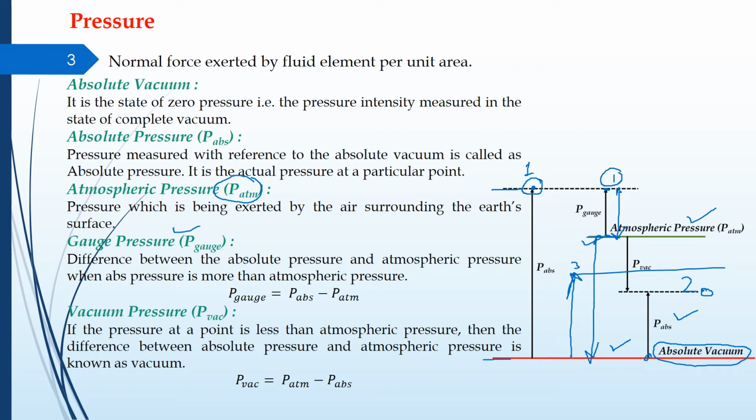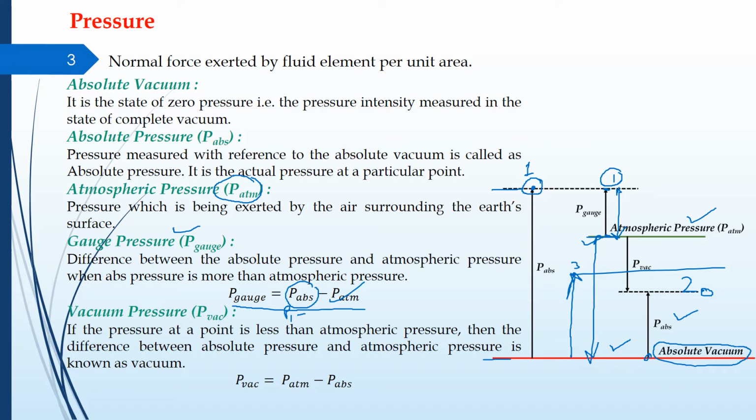So the difference between the absolute pressure and atmospheric pressure, when absolute pressure is more than atmospheric pressure, is called the gauge pressure, and gauge pressure equals P absolute minus P atmospheric. For a specific case, if we take this as point 1, we can write it as P1 minus P atmospheric. So this will be your gauge pressure.